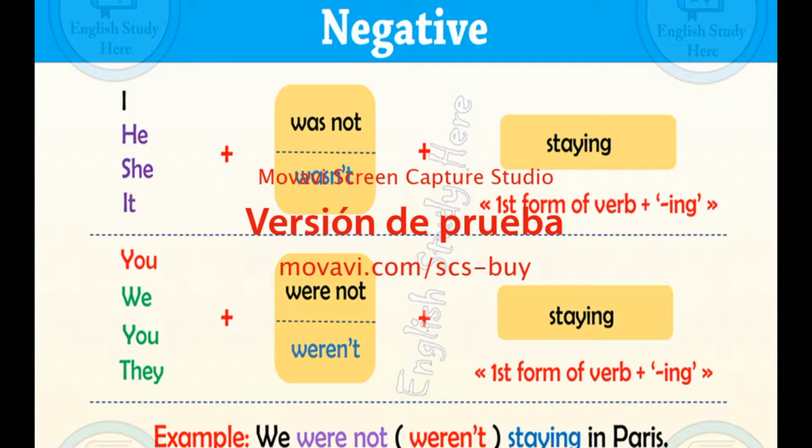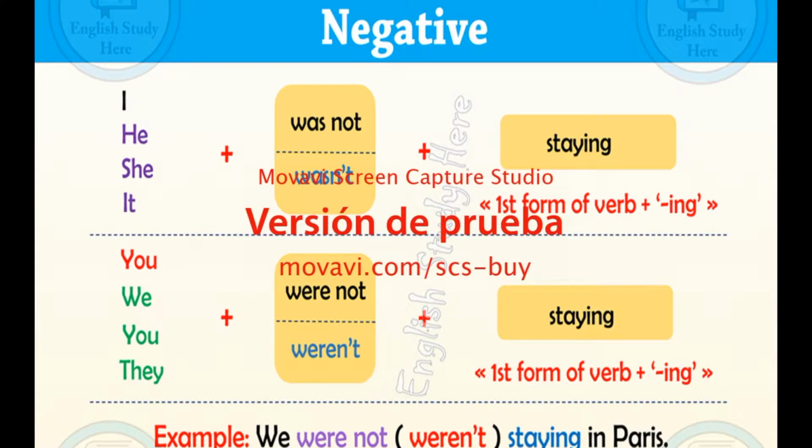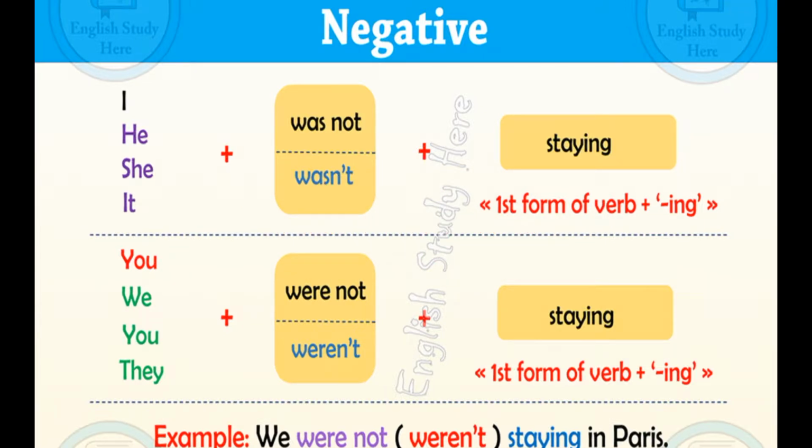For the negative form, when we have the pronouns I, he, she, and it, we need the auxiliary was not or wasn't, and the first form of the verb in -ing. For example, I wasn't staying.